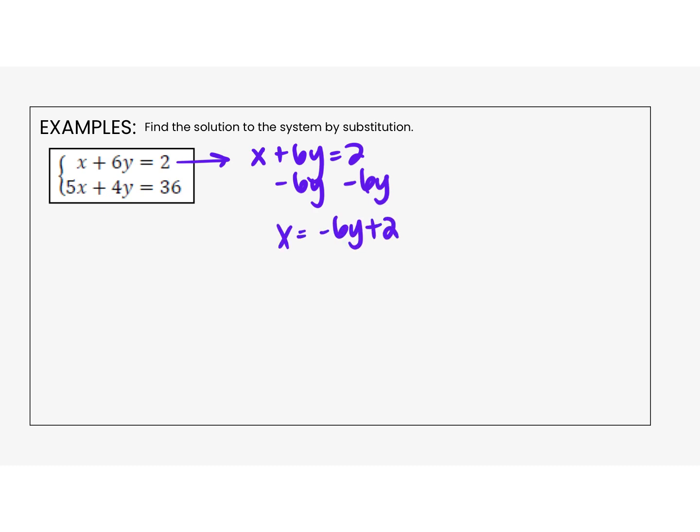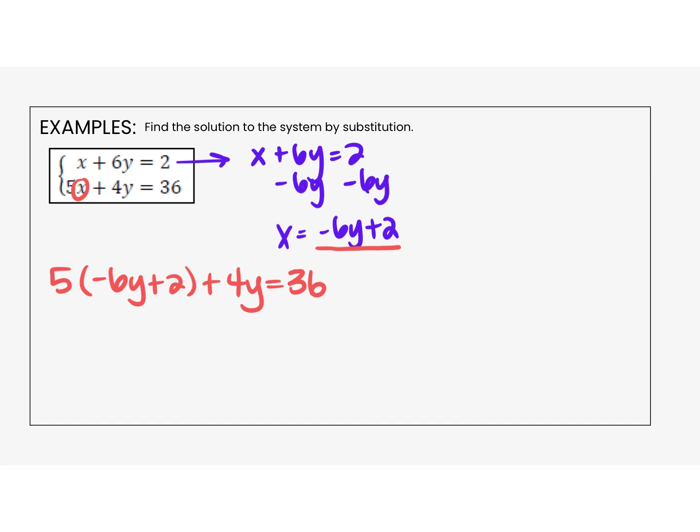So now x is by itself, so I'm going to take this expression and plug it into x over here. So that gives me 5 times negative 6y plus 2 plus 4y equals 36. And now I just have one variable in this equation, which is y, so I can solve for that.